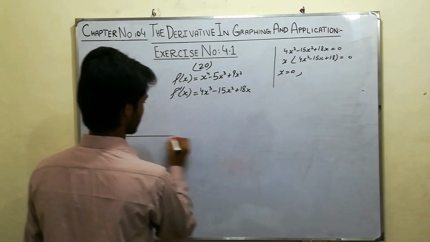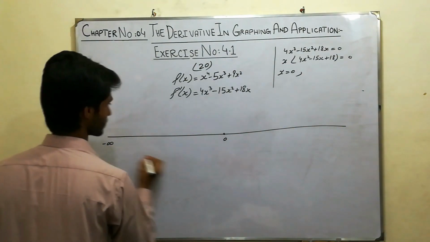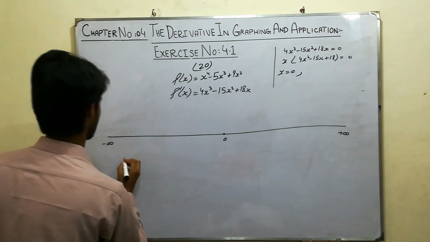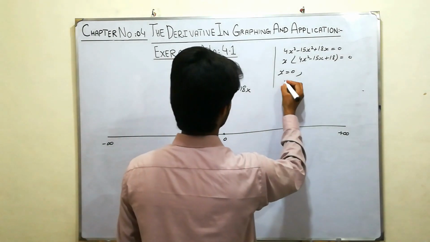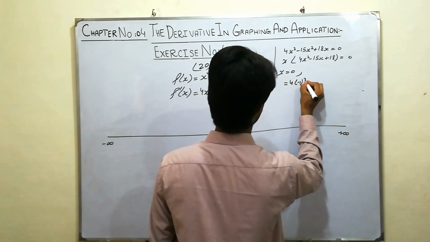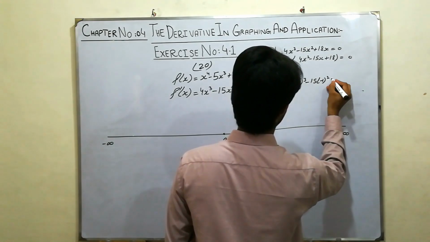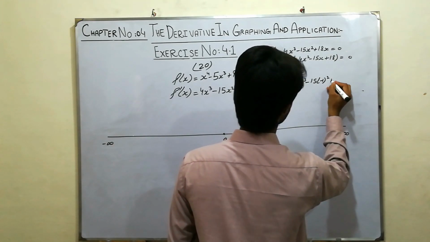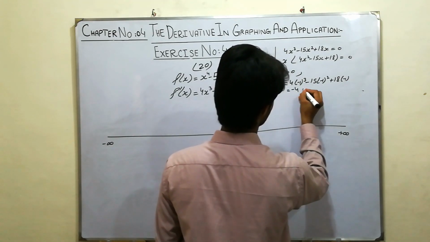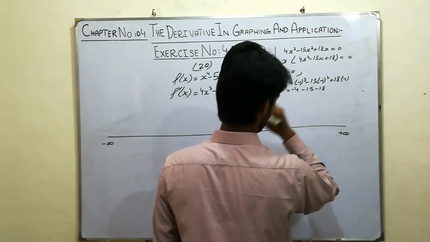Now draw x is equal to 0 on a region. If we put a value less than 0, let's suppose minus 1, in the function, we have 4 times minus 1 cubed minus 15 times minus 1 squared, so we have a negative value.